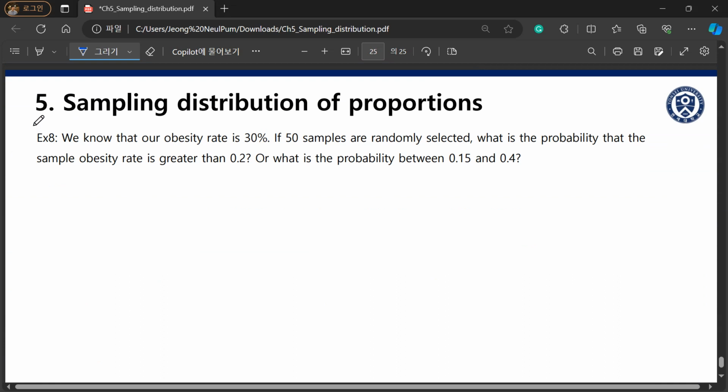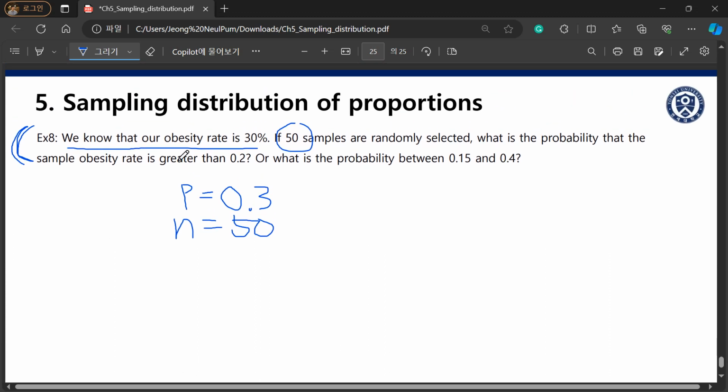Let's delve into example number 8. We know that the obesity rate is 0.3, so the population proportion is already 0.3. The sample size is 50 here.